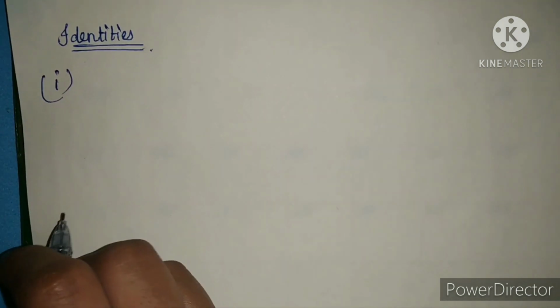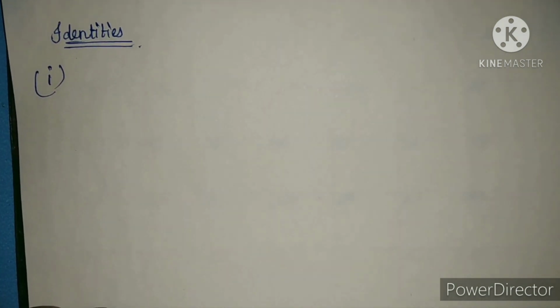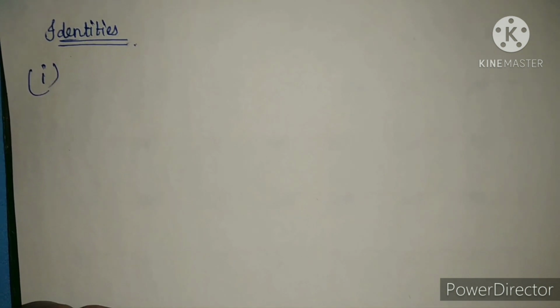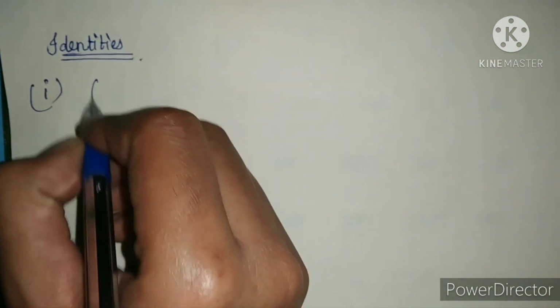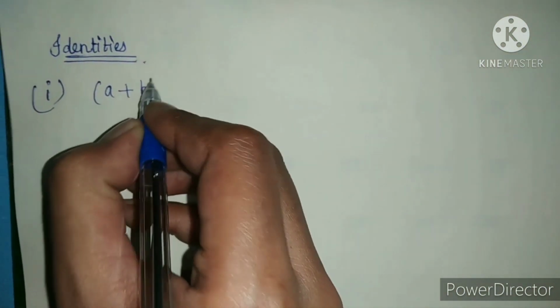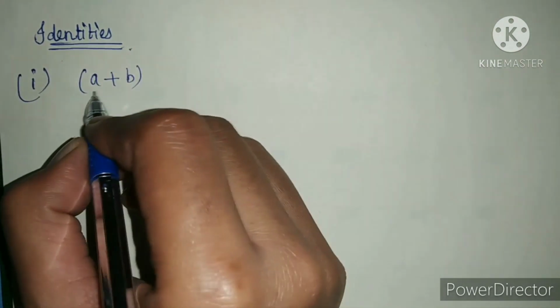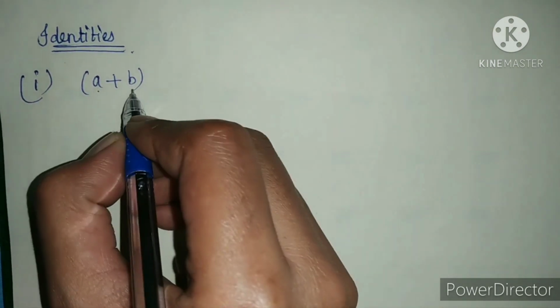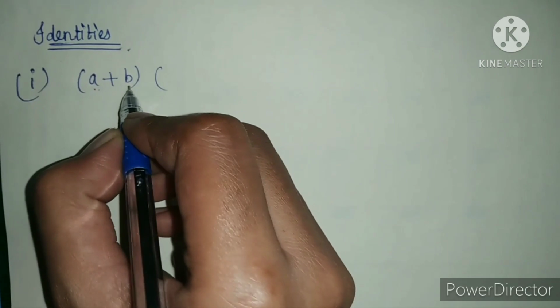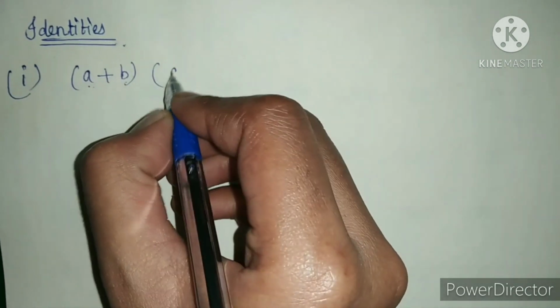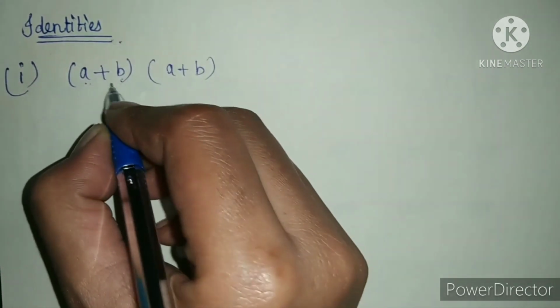So for the first identity, we can see A plus B. It is a binomial, A plus B multiplying by A plus B, same symbol.